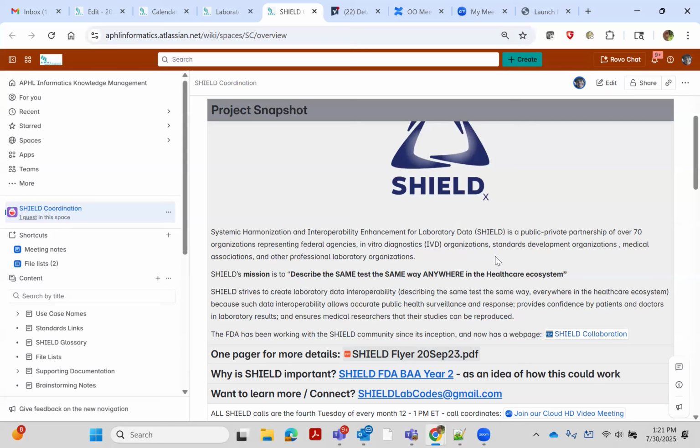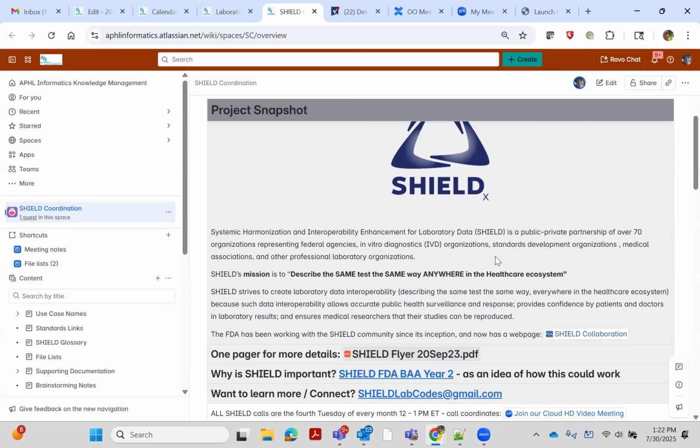And basically out of that meeting, the discussion was around making sure the LOINC codes truly describe the test that is being reported about. And so we discussed some of the issues around LOINC at the time.